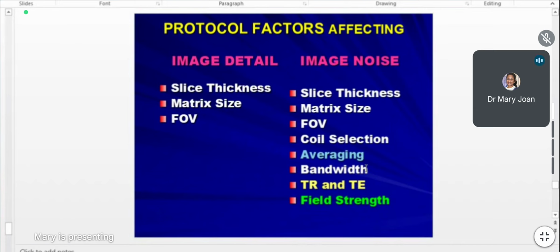Protocol factors affect image detail and image noise. Image detail is affected by slice thickness, matrix size, and field of view. Image noise is affected by slice thickness, matrix size, field of view, coil selection, averaging, bandwidth, TR and TE, and field strength.